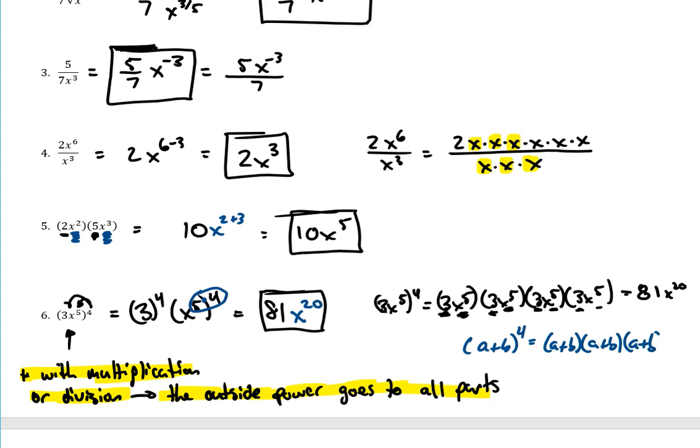So this would be a little tough with that fourth power, but we would have to rewrite. So if it's an addition or subtraction, we must expand. And then often we just say FOIL. So this would take a long time. The foiling must expand, and generally we just say FOIL.